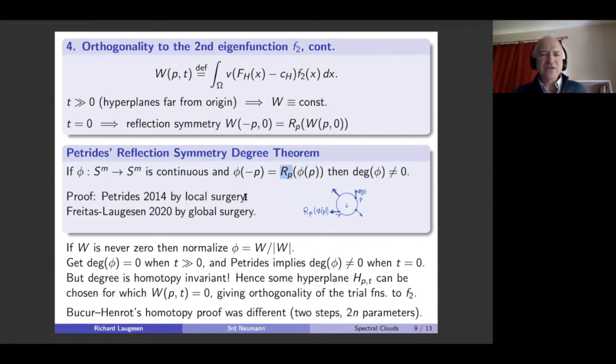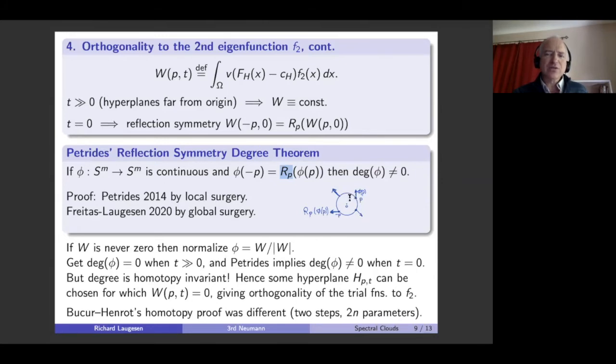So 2 proofs now available. There's the original one, using what you might call a local surgery approach, sort of zooming in on special points of the map and then flipping things. And then we have a different approach, which is more of a global approach. The idea is essentially to look at, so here 5P is pointing outwards at all the points we're seeing, but 5P could be pointing inwards at some points.